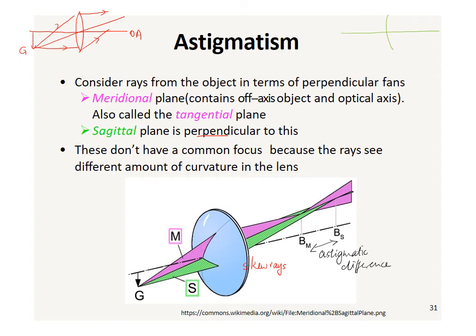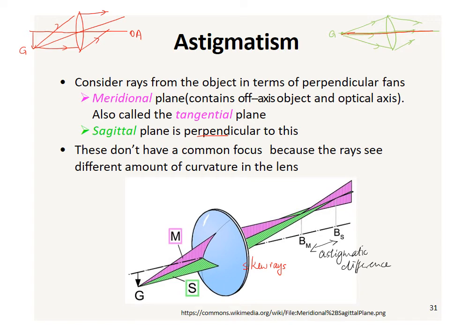So now we're looking at the optical system from above. Our point object G is located directly below the optical axis, so from this point anyway, it looks like it's on axis. So we have rays that extend through the optical system like that. If we draw the meridional plane edge on, you'll see that the edge of the plane looks like it's going along like that.